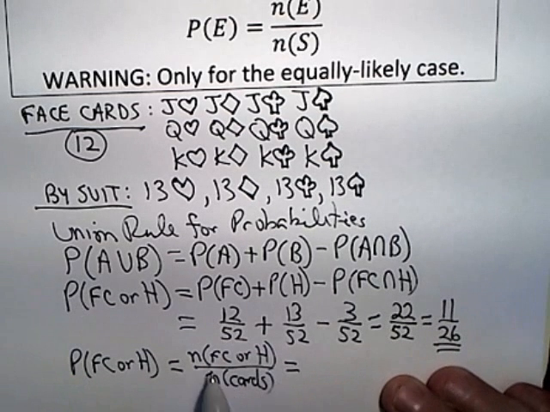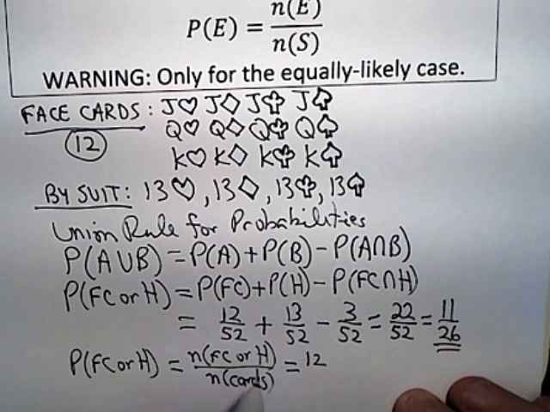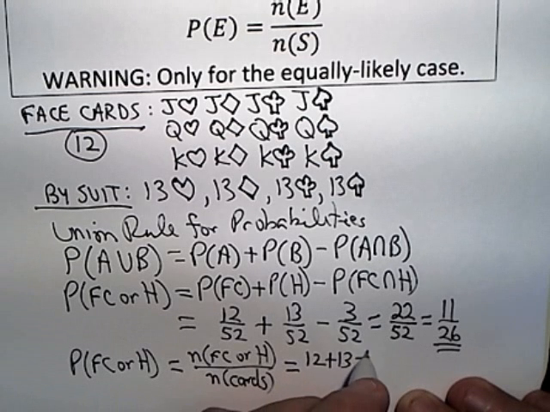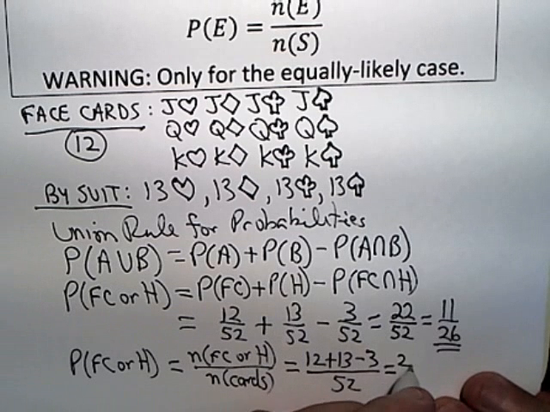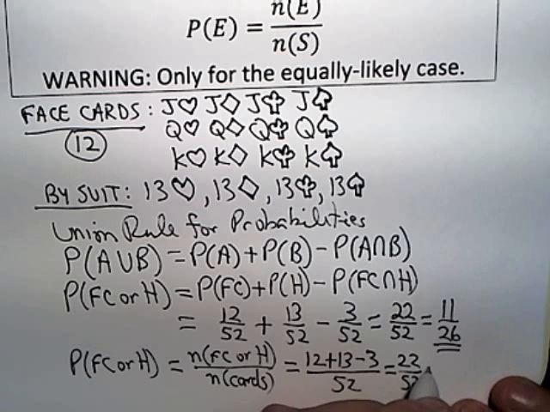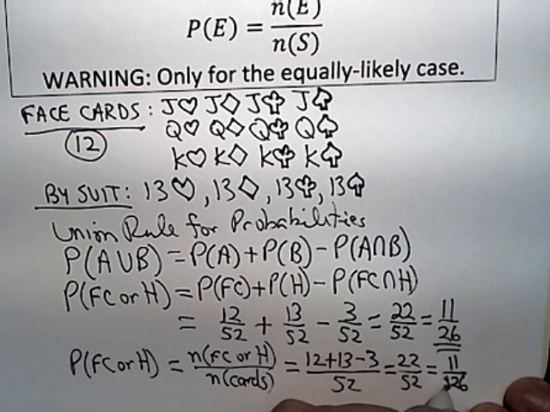So if you're counting face cards and you say, well, I know there are 12 face cards and I know there are 13 hearts, but I also know that when I counted those 12 face cards, 3 of them were already hearts. I've counted each of those 3 twice. I have to subtract them back off again. And again, the number of cards is 52. And as you see, 12 plus 13 minus 3, either way, you get 22 over 52, which reduces to 11 over 26.